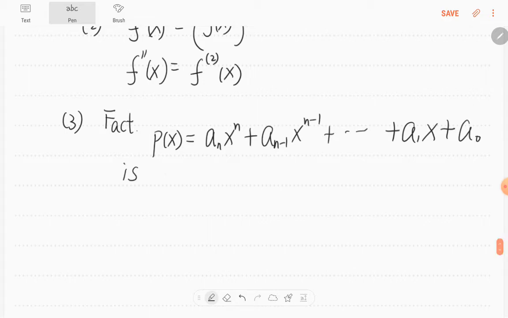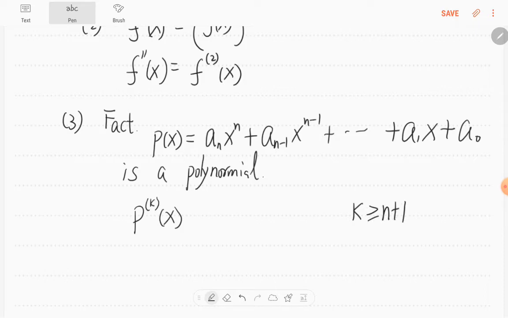If you take the kth derivative of this function p, and the order k is greater than or equal to n plus 1, in other words greater than the degree, then the kth derivative must be 0.